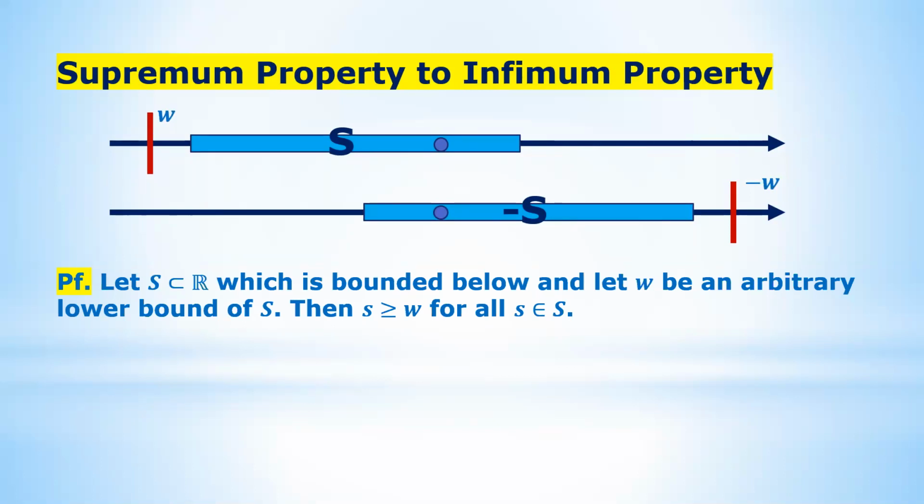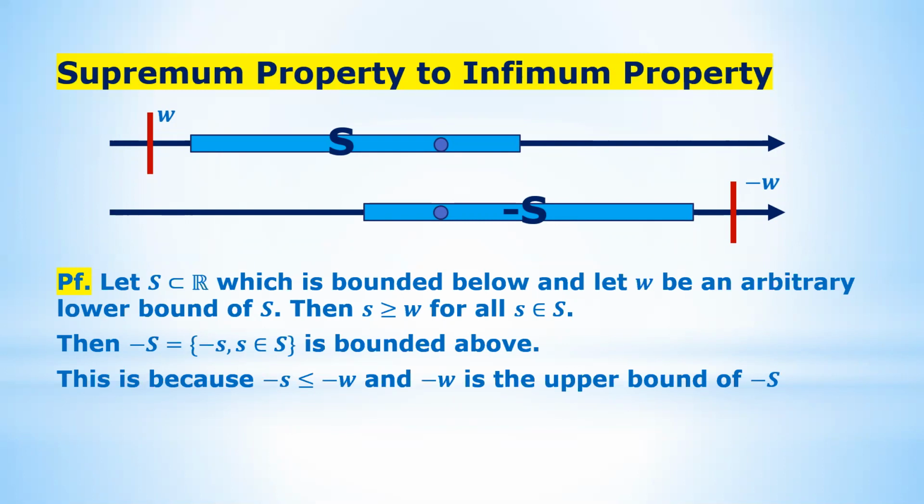Then I'm going to make a reflection. Now, how do you make a reflection? You define a new set we call minus S. I'm defining minus S, using set language, to be minus s for s in the original set S. So the set minus S is defined. Then you can see minus S is bounded above.